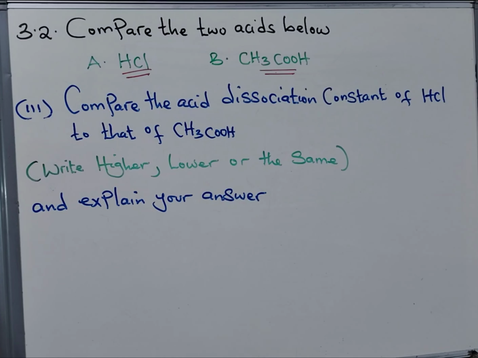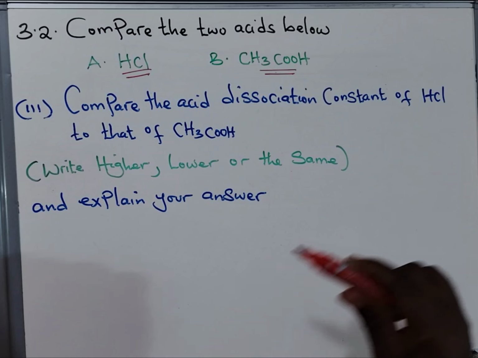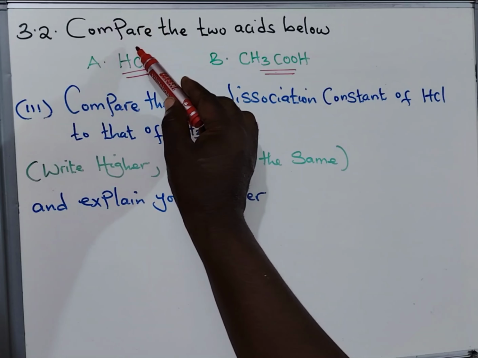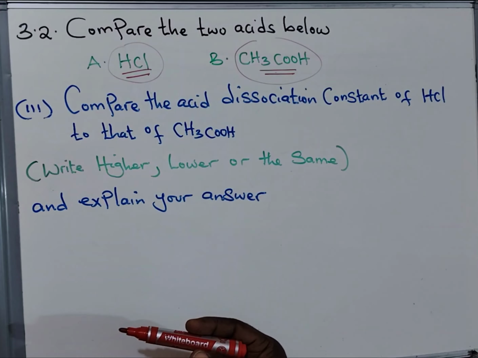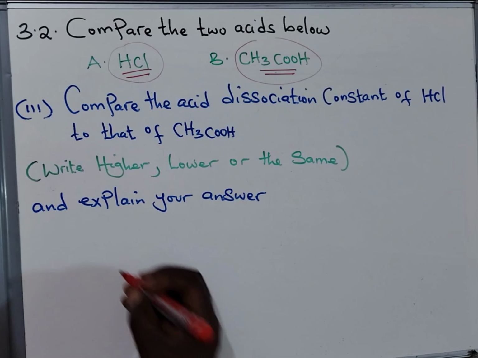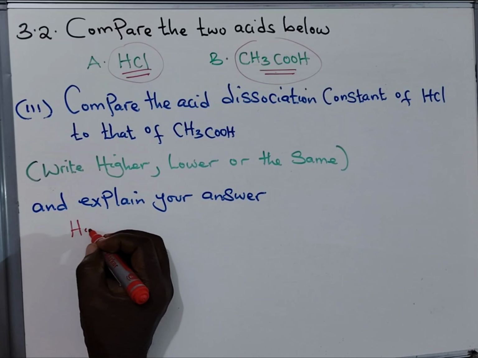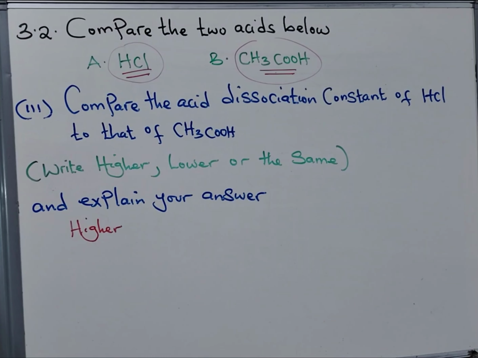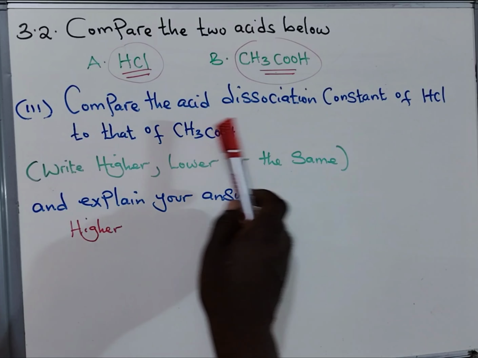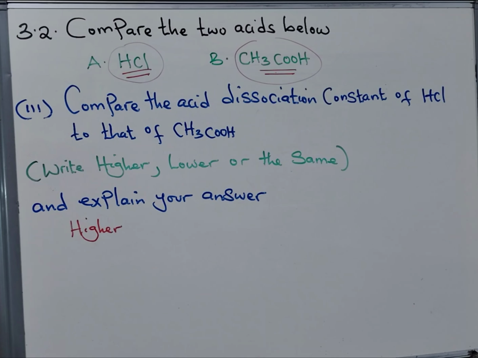We are comparing the dissociation constant of this to that. And what's the answer? The answer is higher. The acid dissociation constant of hydrochloric acid is higher than that of ethanoic acid.